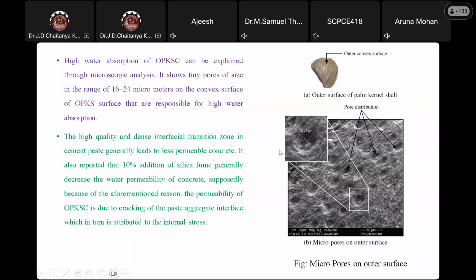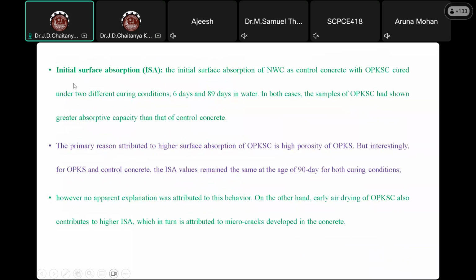So next, coming to the thermal properties, there are functional properties of your shell concrete, which indicate the conditions of heat to the material. This is the functional property of the aggregate concrete, that means shell concrete.